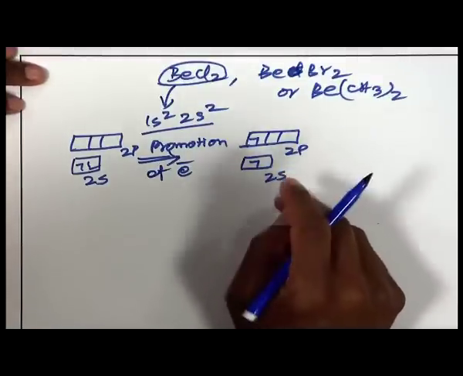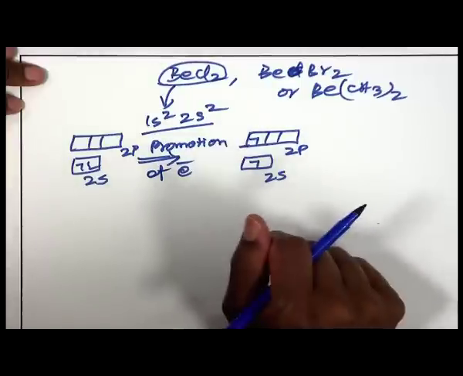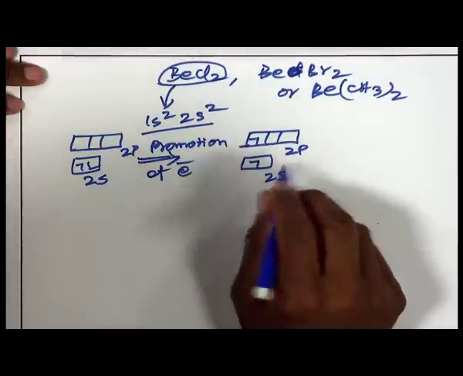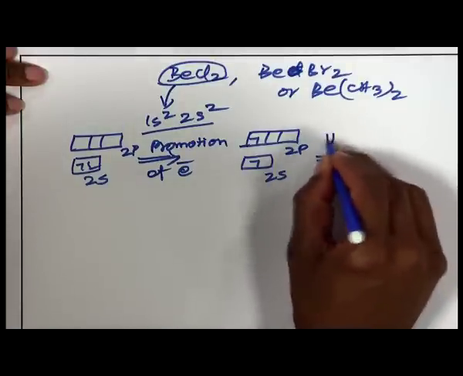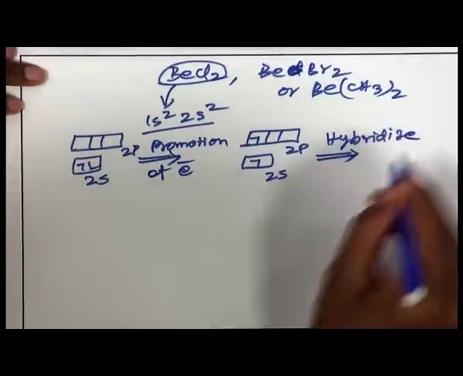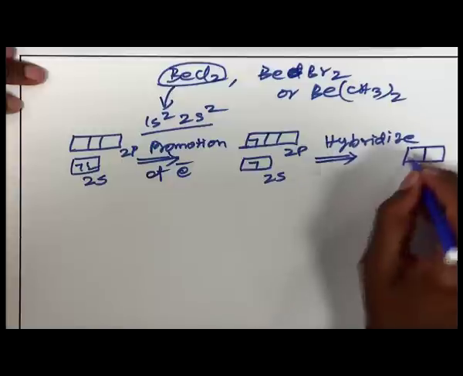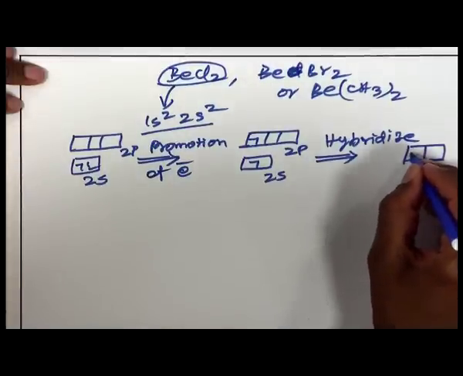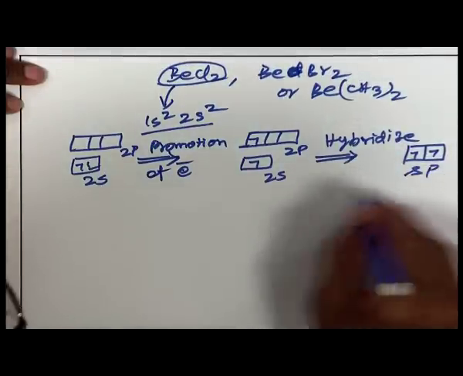Now, you have two orbitals containing 1 electron each. Now, it has to undergo hybridization to give two equivalent hybridized orbitals containing 1 electron each. This is called sp hybridization.